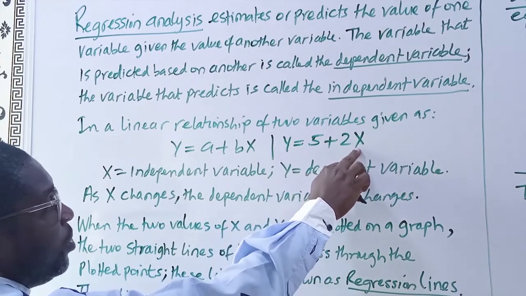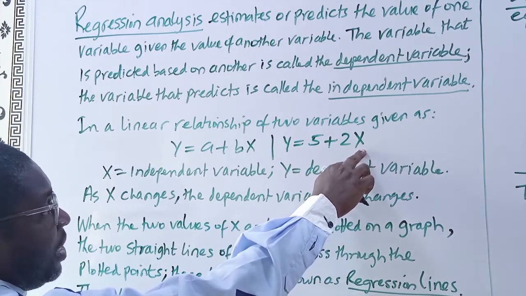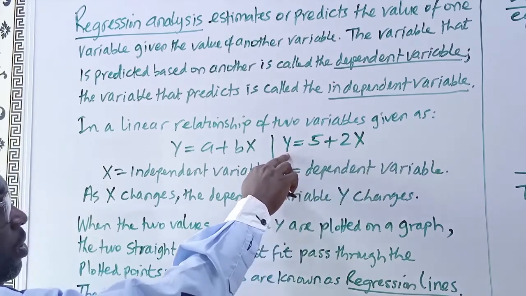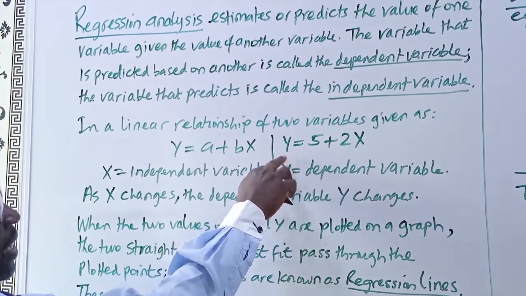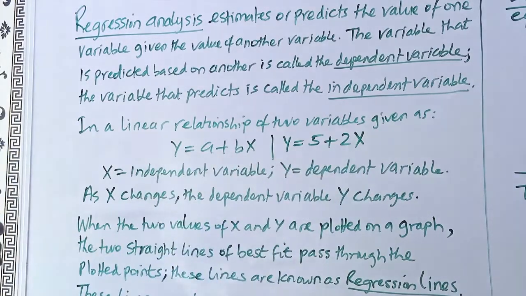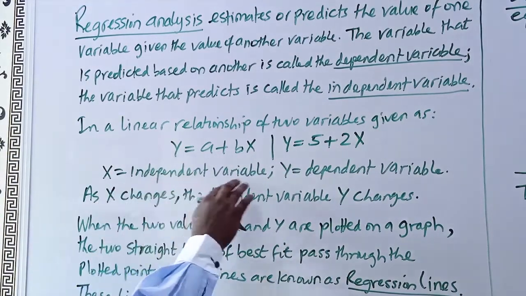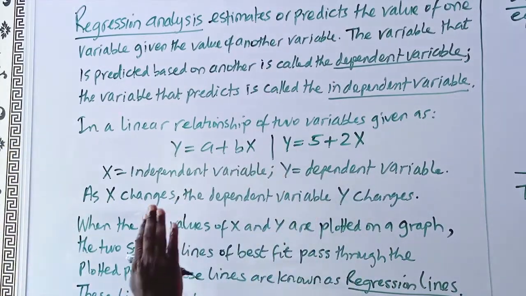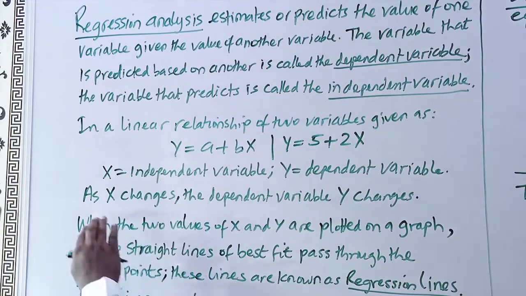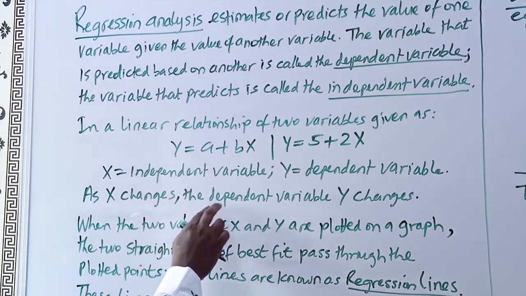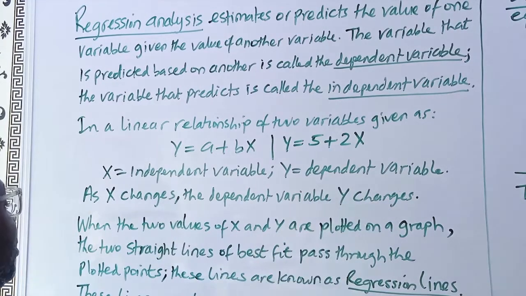So whatever value x assumes here as the independent variable that can change, it will predict the value of y. That's what we mean by the relation between y and x here. So x is the independent variable and y is the dependent variable in this scenario. As x changes, as we have seen here, the dependent variable y also changes.